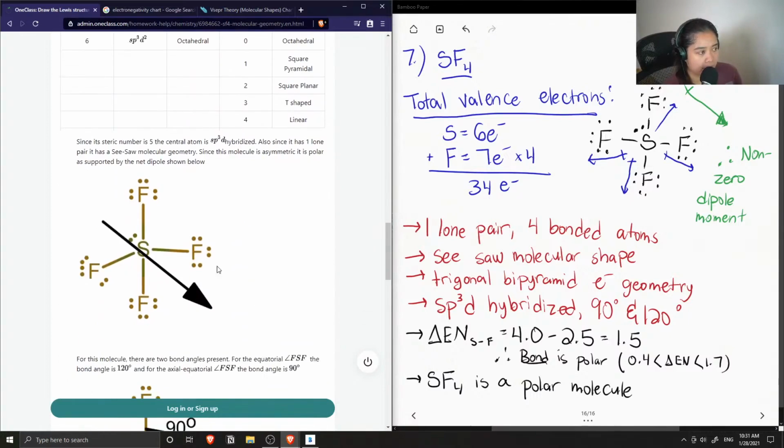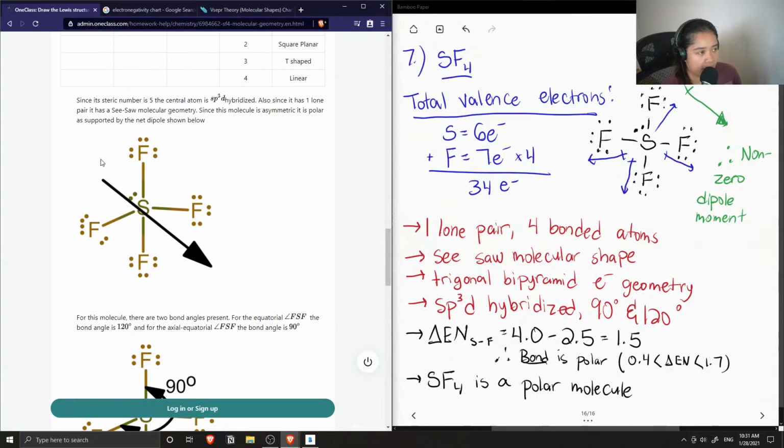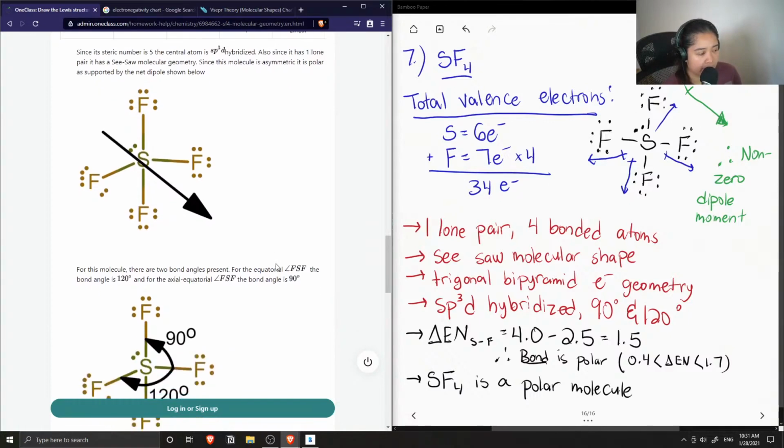I think they summarized it down here. Seesaw. And since this molecule is asymmetric, it is polar as supported by the net dipole shown below. They also showed how the fluorines are more electronegative, and the lone pair causes them not to cancel each other out.